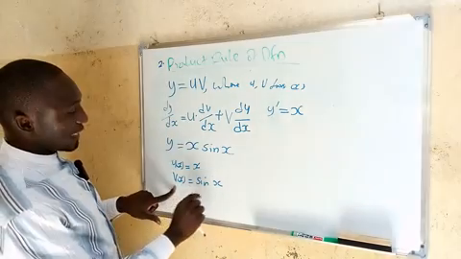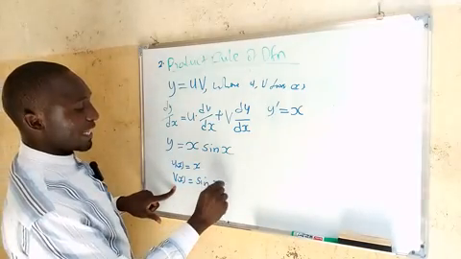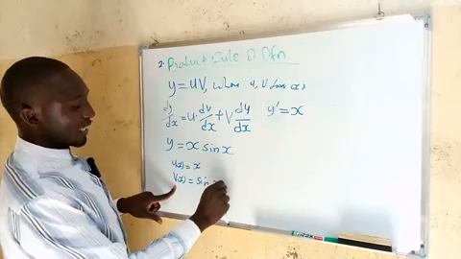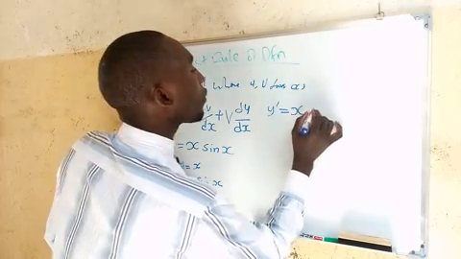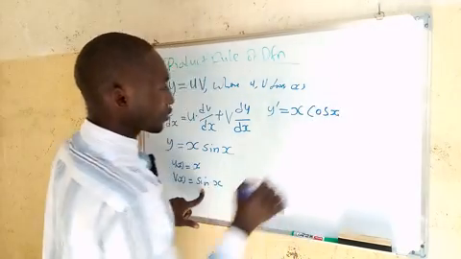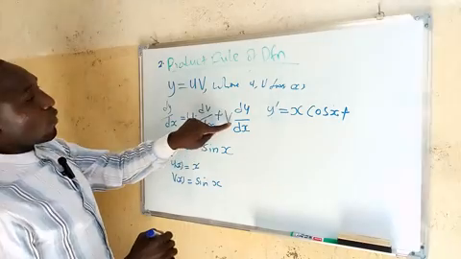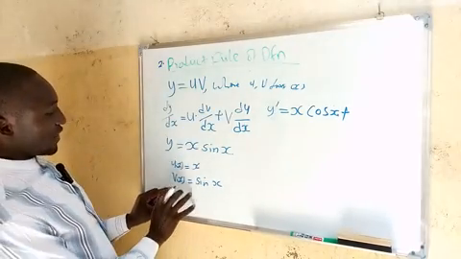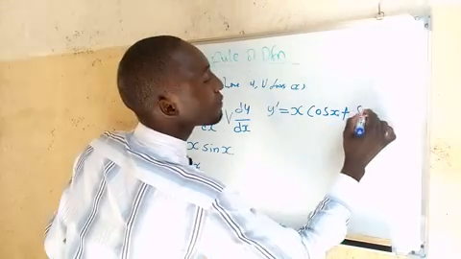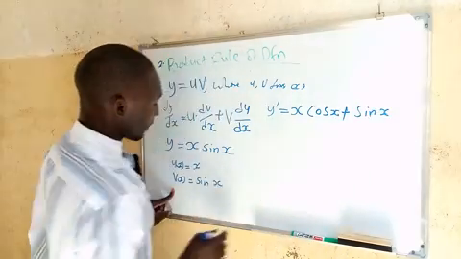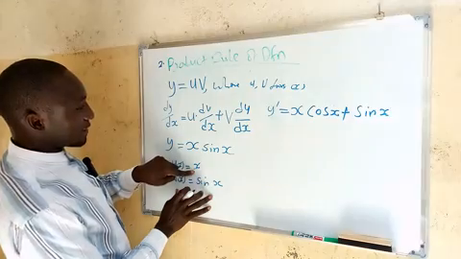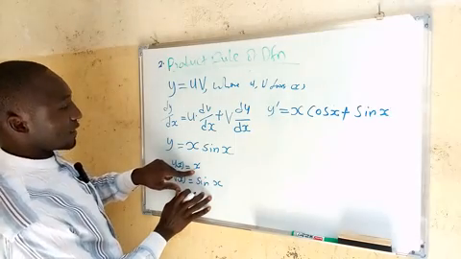This is the v. Now, the derivative of sin x is cos x. Now, plus, we hold v constant. V is sin x. And x, the derivative of x.